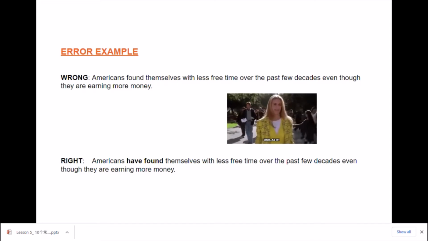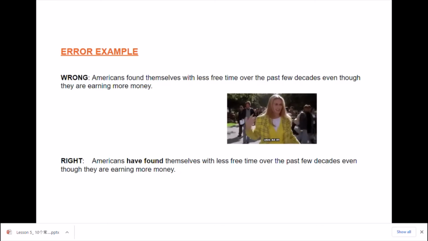Because there are so many tenses, it's very confusing, especially in examinations like SAT, ACT, TOEFL, IELTS, or the National College Entrance Examination of your country. Okay, so it's difficult and you have to study very carefully.